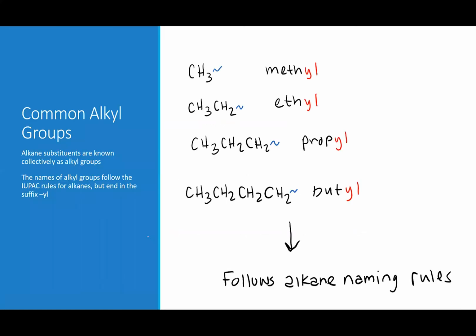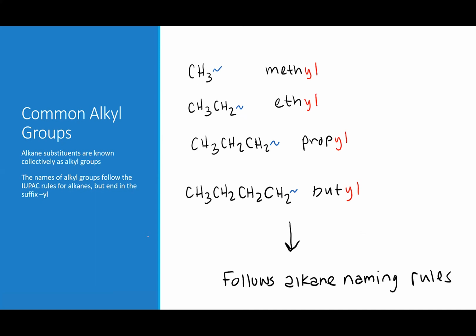Now, to name these alkyl groups, these branched groups that we're talking about, these are anything that are substituents on a chain. So if we don't have a linear chain, if we have any kind of branch off of a chain, we call them alkyl groups. Generally, the name of them is pretty straightforward.